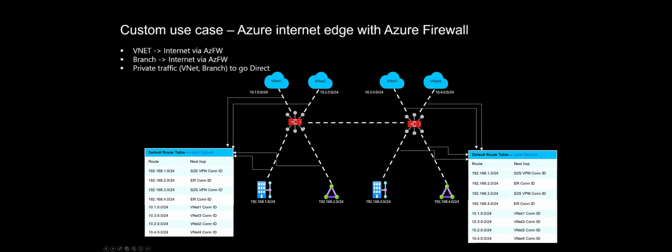Again, default route table, going to be standard across all of my branch connections with all of the virtual networks. Now what we're going to do from this instance instead is we're going to drop in that famous quad 0 static route and specify our next hop as the Azure firewall.